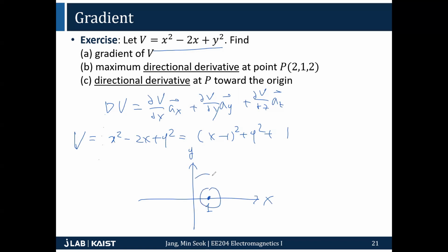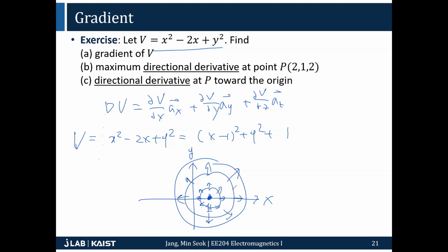From then on, it's a second order increase. If you have this picture in mind, it's less likely for you to make any mistake in solving the problem. Now you know this is your bottom, so you can imagine what your gradient should look like.